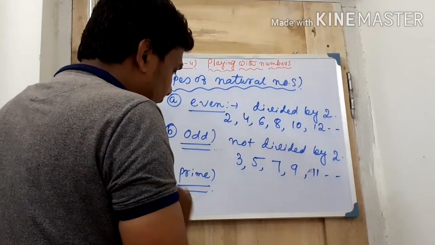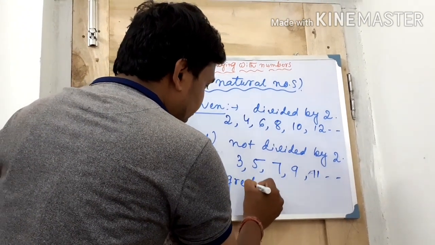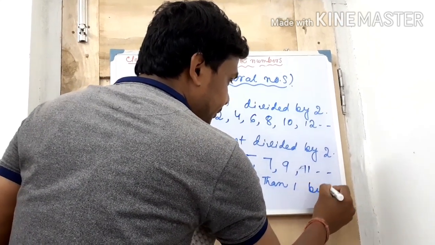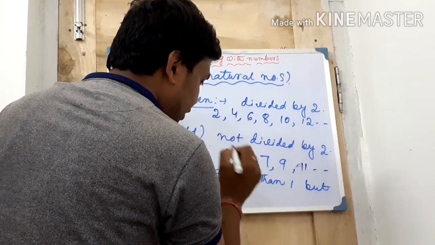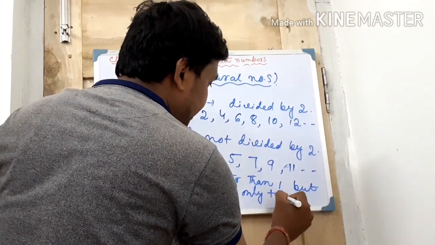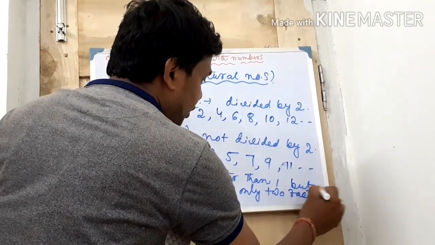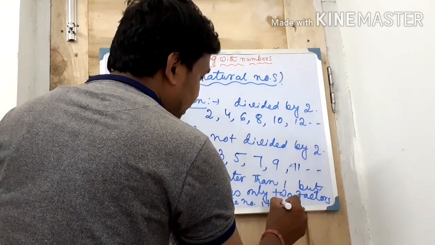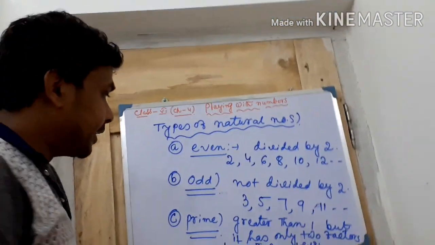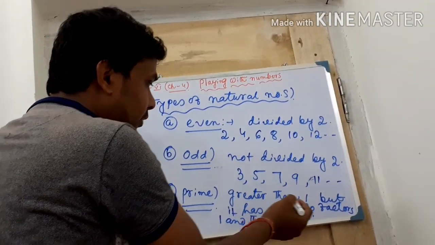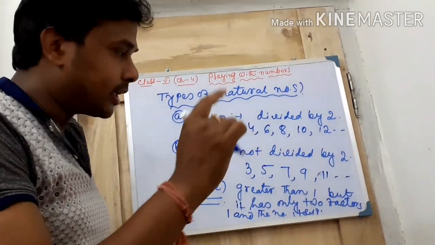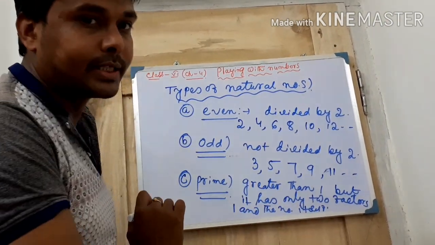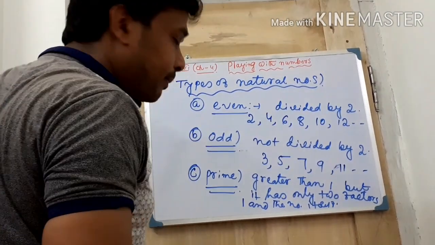It should always be greater than 1, but it has only two factors: 1 and the number itself. If a number is greater than 1 and has only two factors, only 1 and the number itself, then that type of number is known as the prime number.